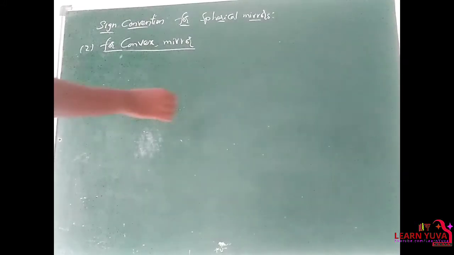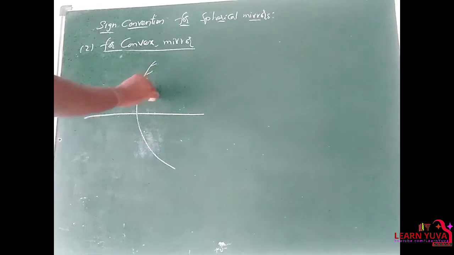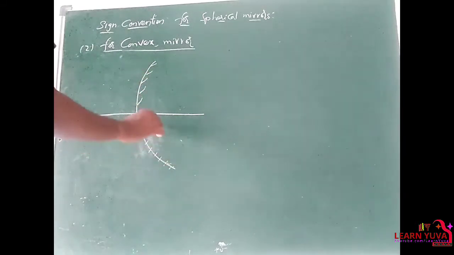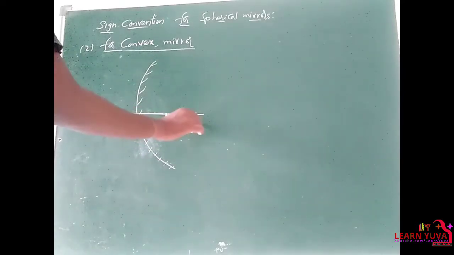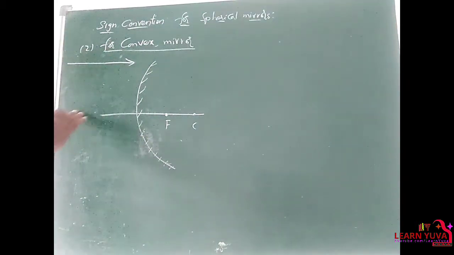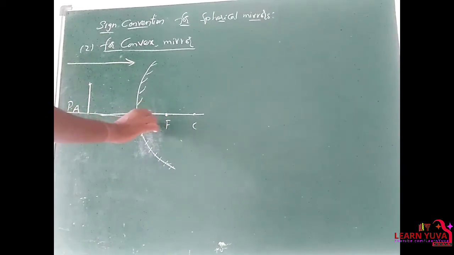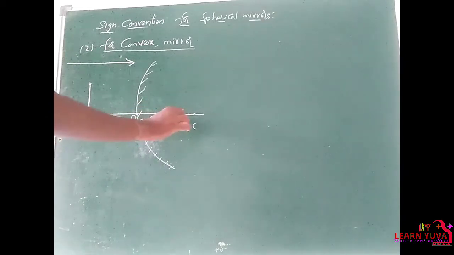So for the convex mirror, it is the direction of the light ray. It is nothing but the principal axis. The object is placed here. It is the pole. Focus, center of curvature. Pole to focus is focal length. Focus to center of curvature is also nothing but focal length.